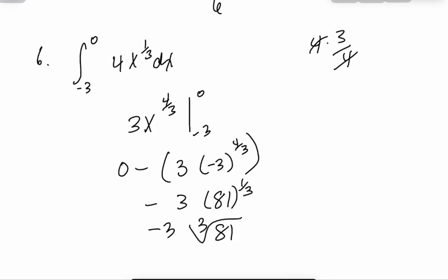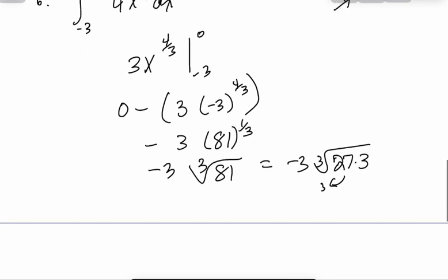Now let's analyze what that does. 3 cubed is 27. So that's really 27 times 3. We have 4 3s. That's where the 4/3 comes from. We have 4 3s. We only need 3 to evaluate. So this will pop out and just become a 3. So it will multiply by what's in front. So we get -9 cubed root of 3 is the best way to write your answer.